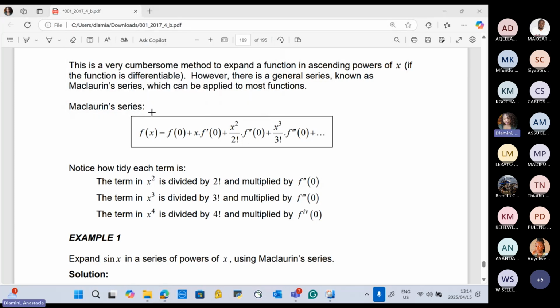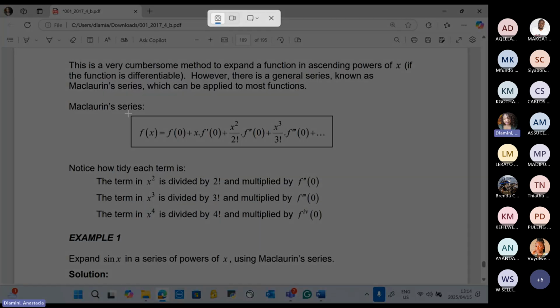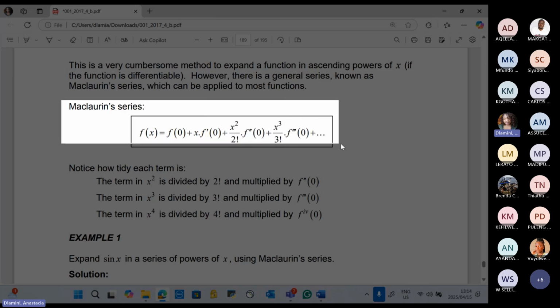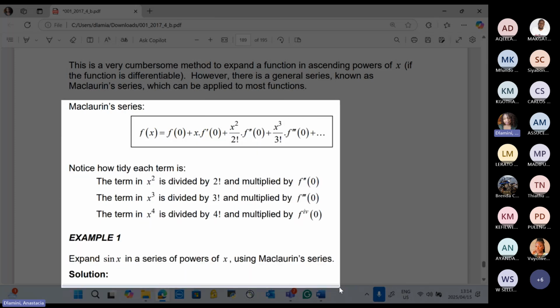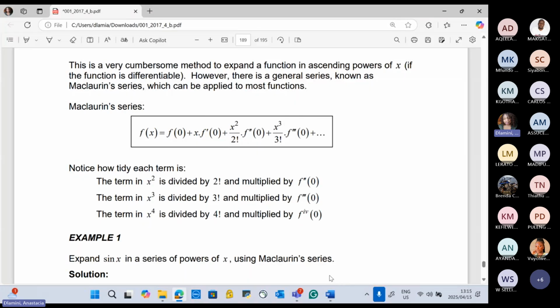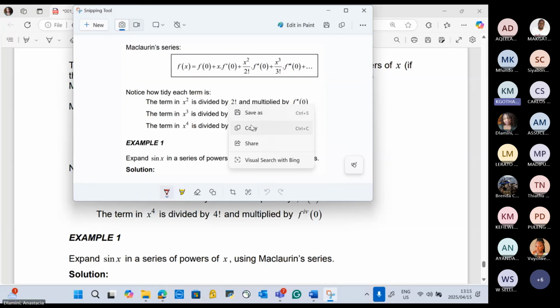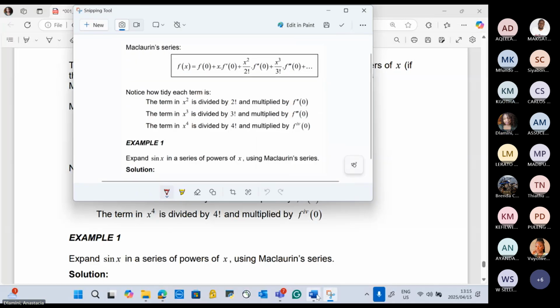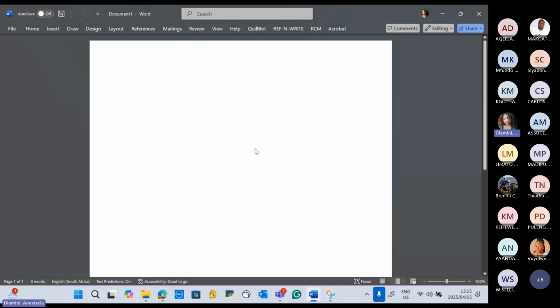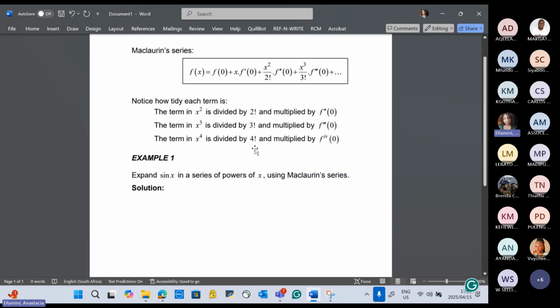So we go check how the Maclaurin series is presented. This is how it's presented. Let's cut the question. So now they say expand sine x in a series of powers of x using the Maclaurin series.